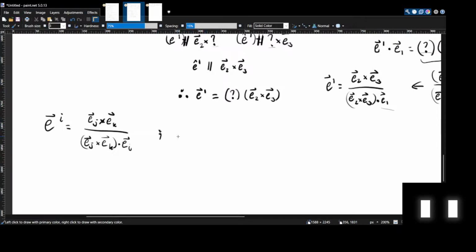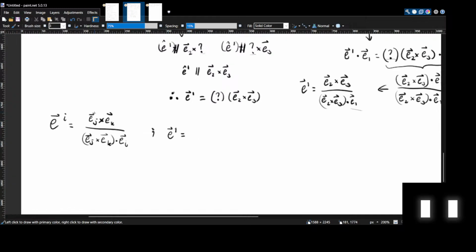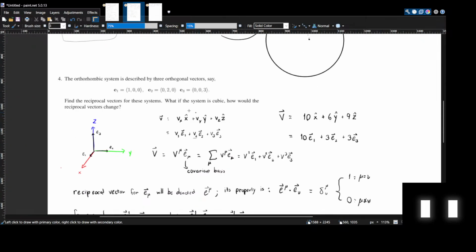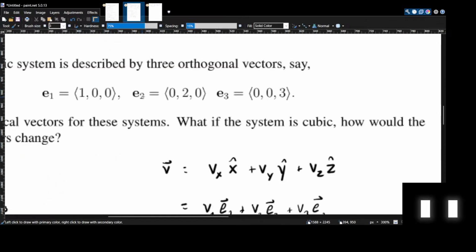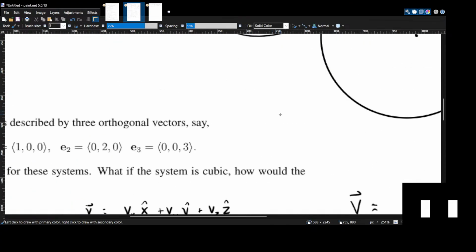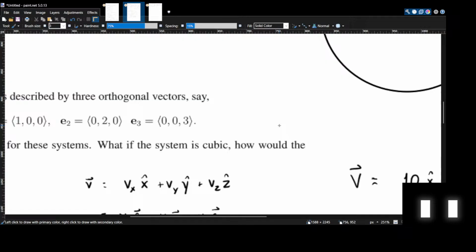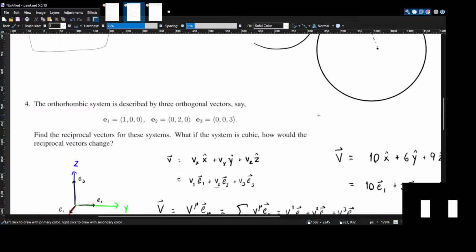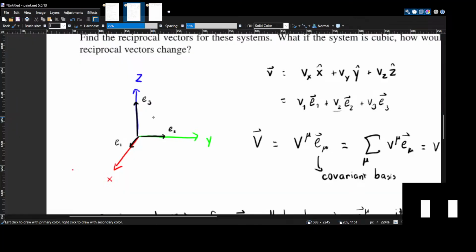Alright, so let's find the reciprocal vector for E1. Well, we already found the formula, let's just plug it in. What is E2 cross E3? Honestly, E2 cross with E3 is equal to E1. What? Wait.